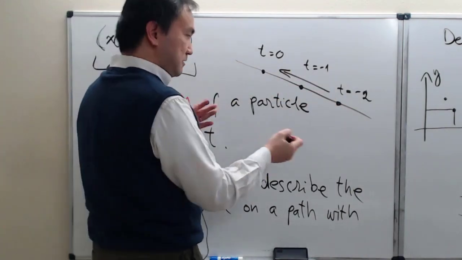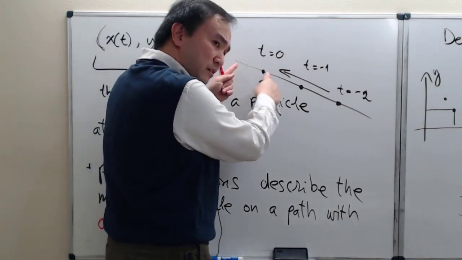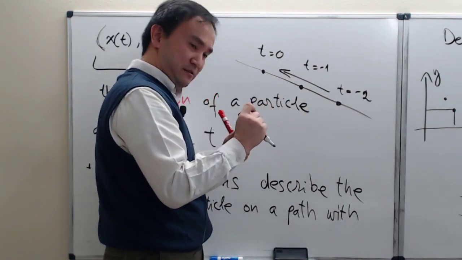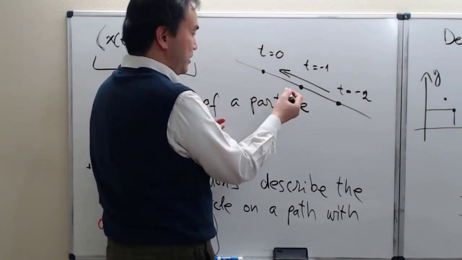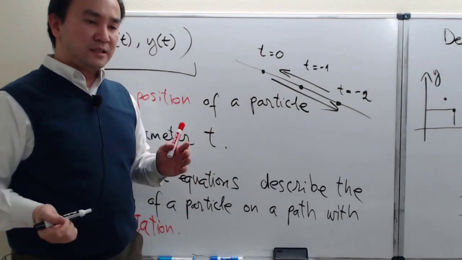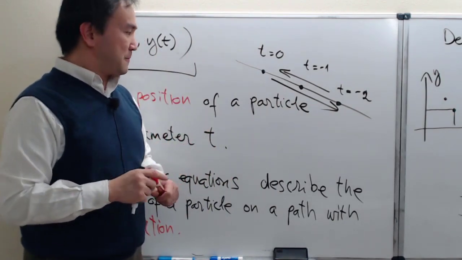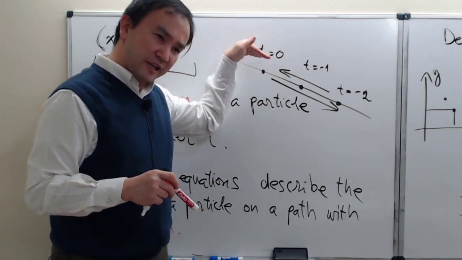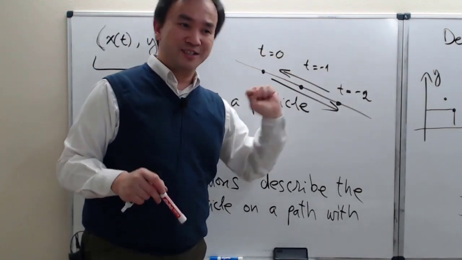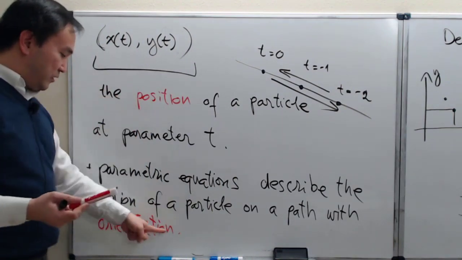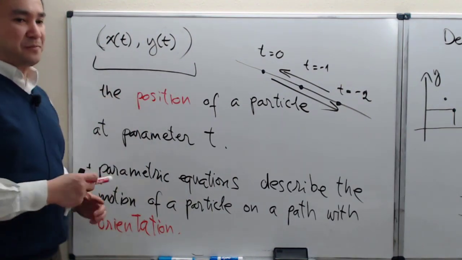But in another problem, it could be on the exact same line, the exact same path, but with a different pair of parametric equations we can describe our particle moving backward. It could be a completely different pair of parametric equations that describes the motion on the exact same path but going in the opposite direction. And so directions and turning directions and all that, we refer to as orientation.